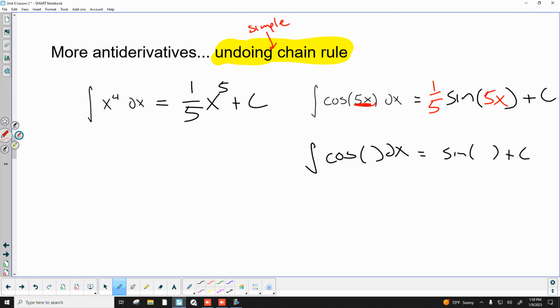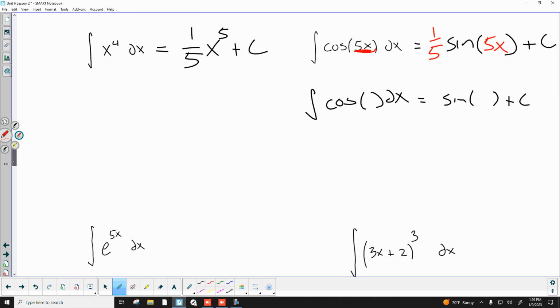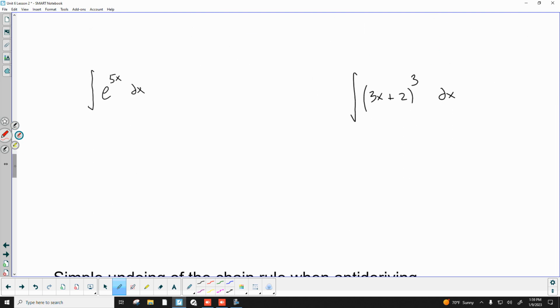Okay, let's see. Some of you are 1 for 1. Can you be 2 for 2? Let's change this up. Let's change this to e to the 6x plus 7. So the derivative of sine is positive cosine, which is what I want.